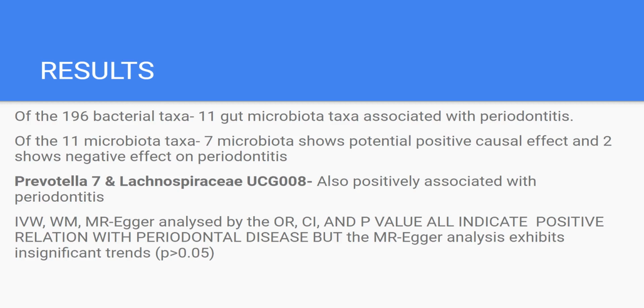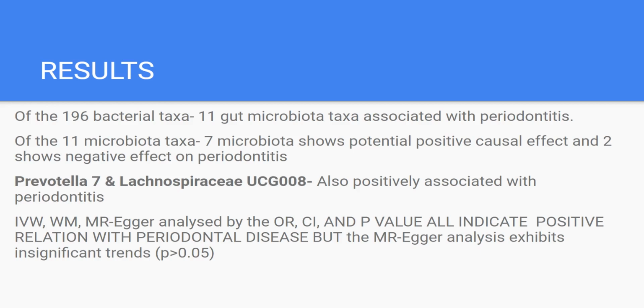Now we will study some of the microbiota that they found in these results. First of all, Prevotella and Lachnospiraceae. They were positively associated with periodontitis, but the problem was that their IVW, WM, MR Egger analyses all indicated a positive relationship with periodontitis, but the MR Egger analysis exhibited insignificant trends.